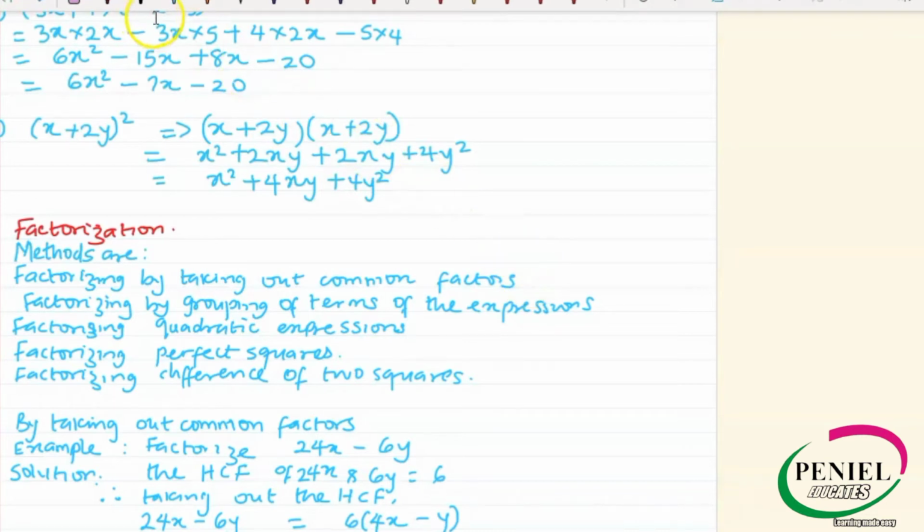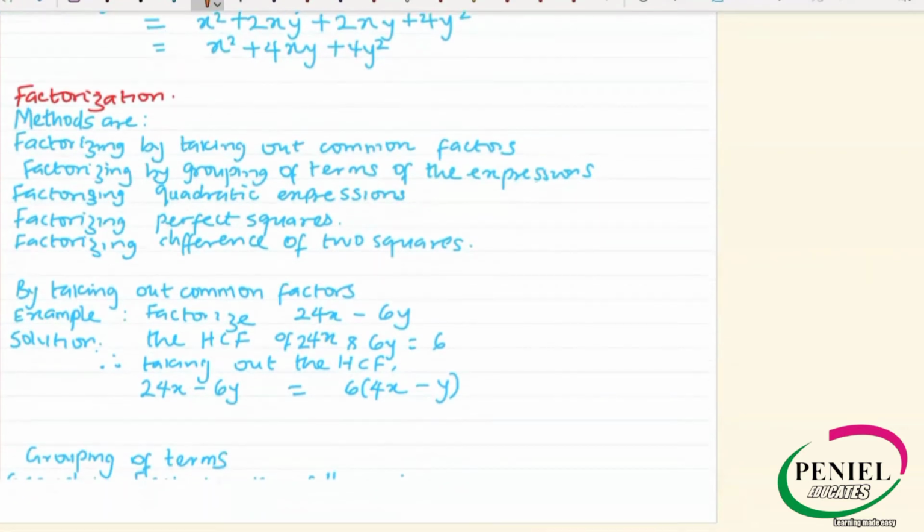All right, so let us quickly look at how we can take out common factors. For example, if you are given 24x minus 6y, the common factor here, which is the highest common factor for the two, is 6.